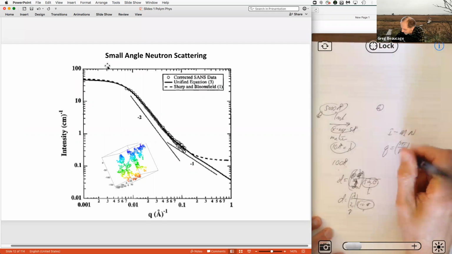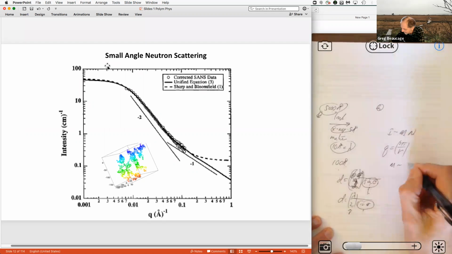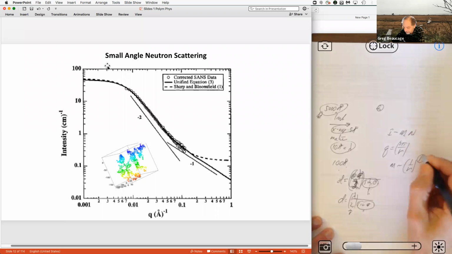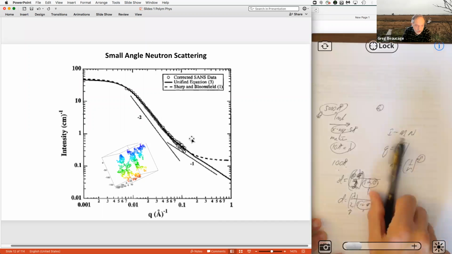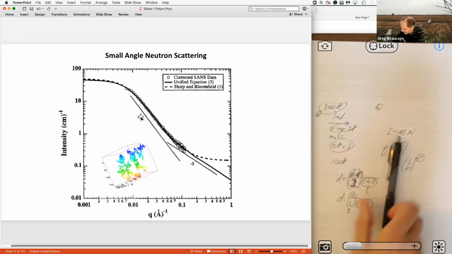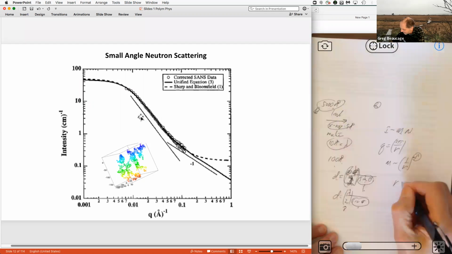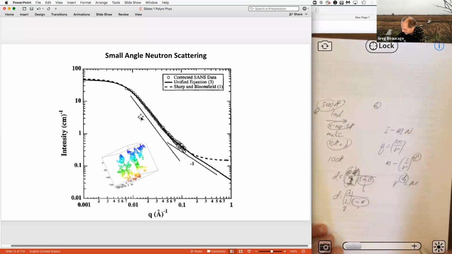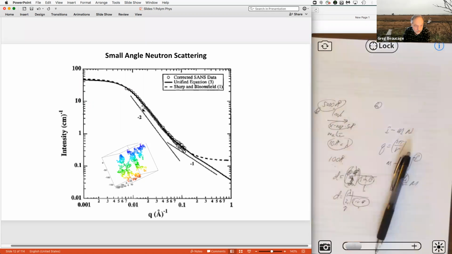So you're looking at the mass goes with 1 over size to some power, right? And the power is a negative power. It's decaying down. And the negative power of 2 means the dimension, because we said size and mass go with the dimension of the object. And we said the dimension for a Gaussian chain is 2. So that's why you get a -2 slope. That means you have a 2-dimensional object.